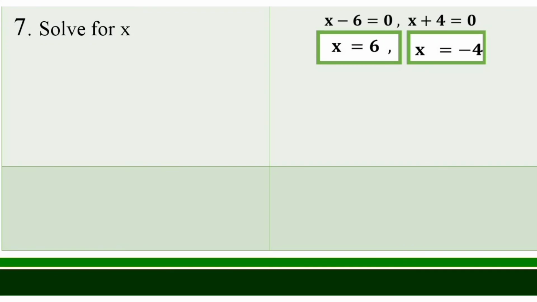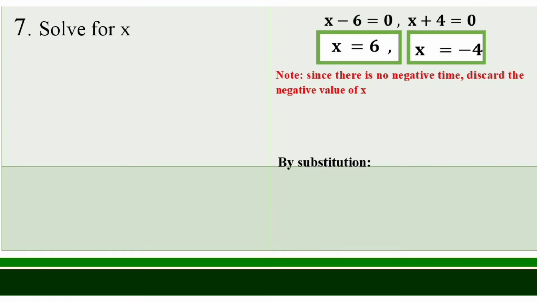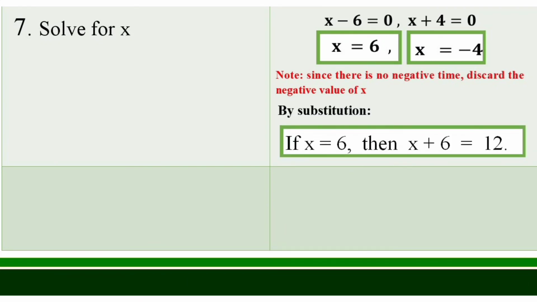As you can see, class, we have two values. One is positive and the other is negative. Note, since there is no negative time, discard the negative value of x. It means that we are going to use only positive 6. So by substitution, it is stated in the problem that x represents the hours of Sarah.